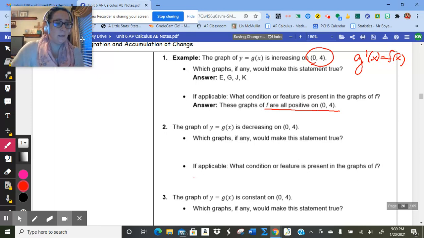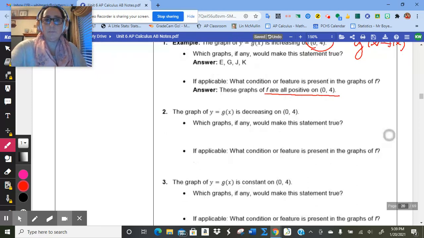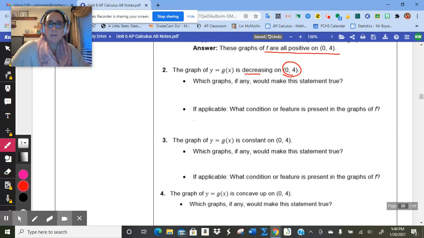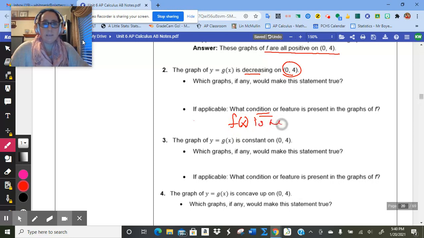Okay, so let's look at our next one. I want to know where g of x is decreasing on 0 to 4. So decreasing would be the condition we are looking for where f of x is negative on that interval.